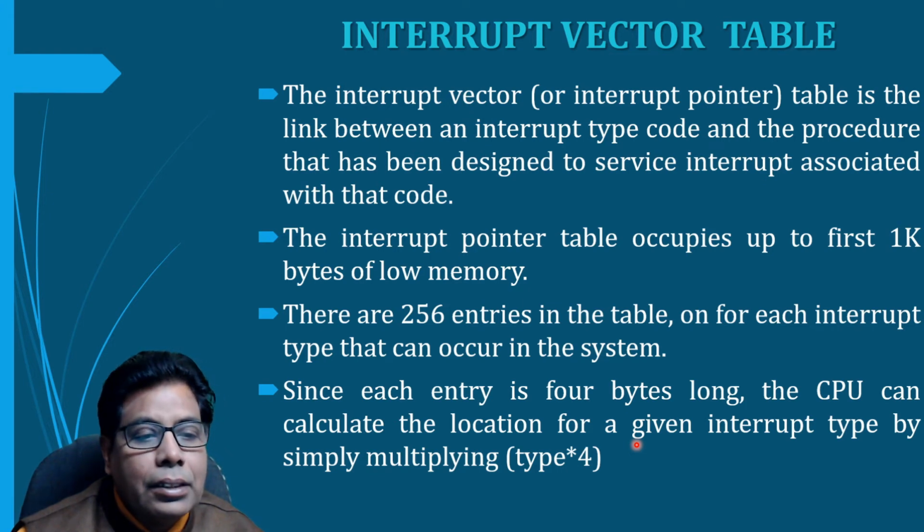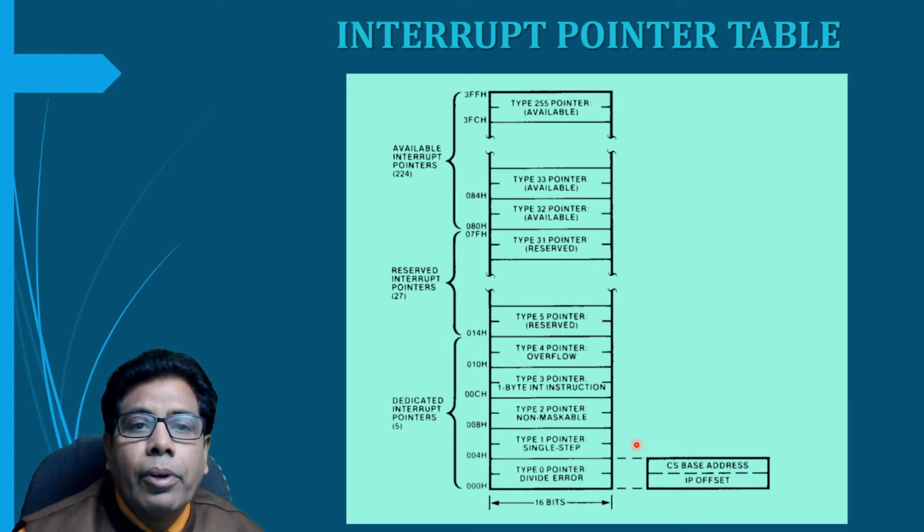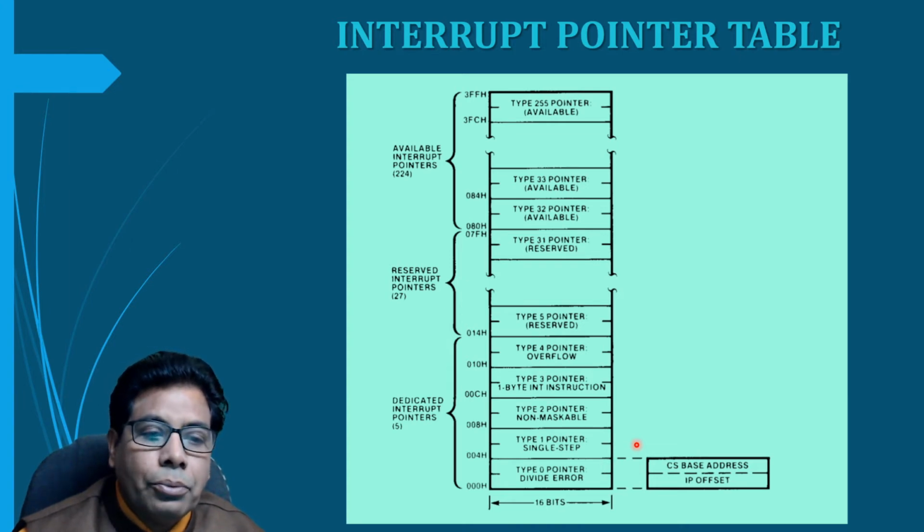In this way we can calculate the address for any type of interrupt. Just multiply the type by 4, and that will give us the address in hexadecimal. So that will be the address for the interrupt location. Let us see the interrupt pointer table, then it will be clear to you.